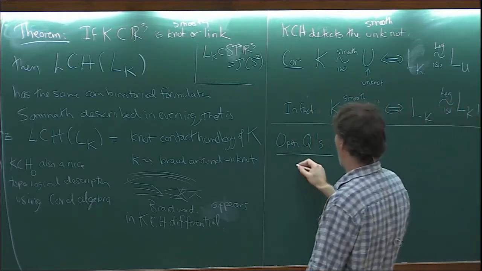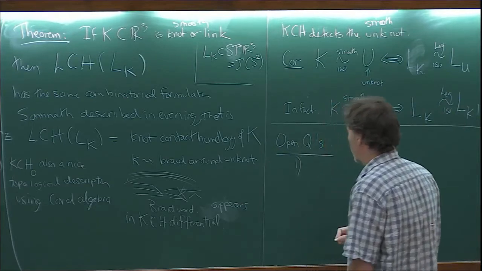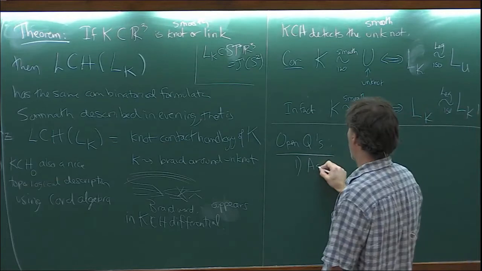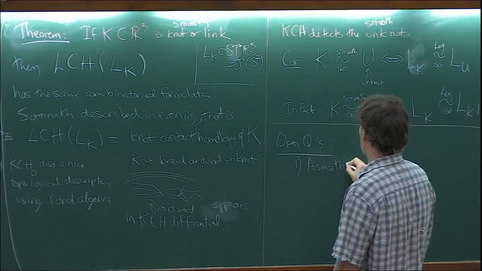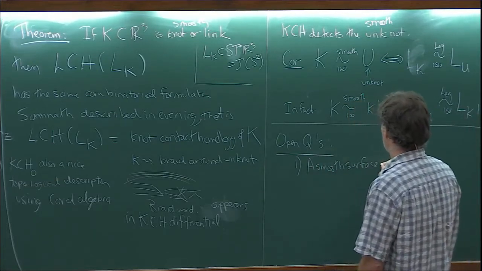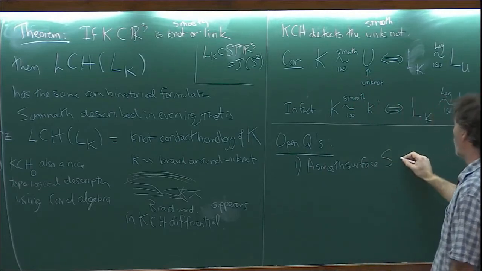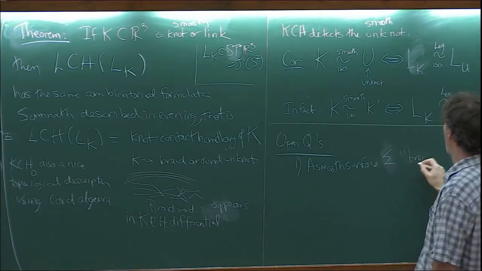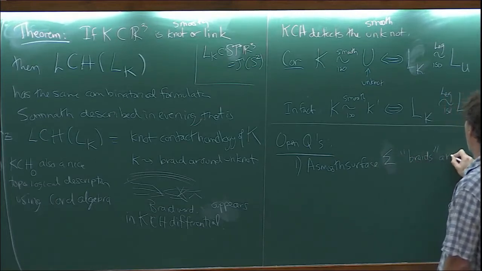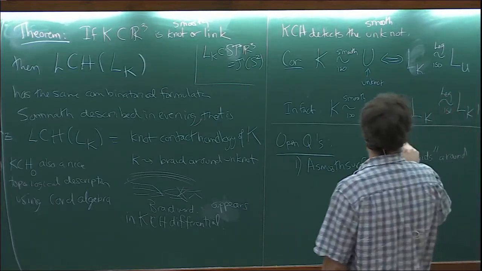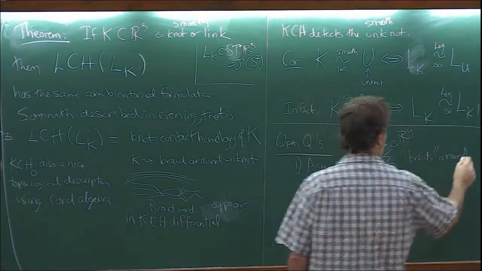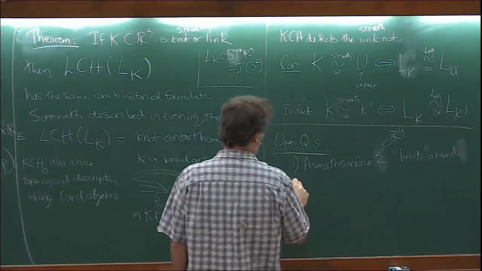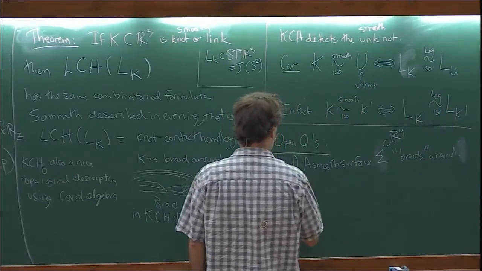So for example, the place to start, although even this is hard, is a smooth surface, let's call it sigma, braids around a smooth surface in R4, braids around the unknot.